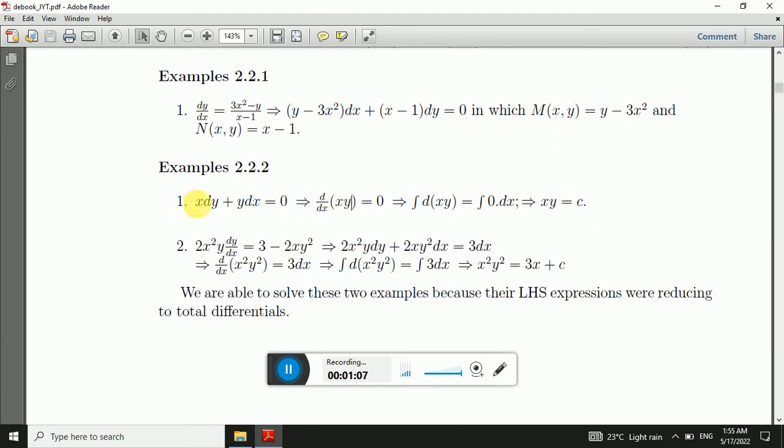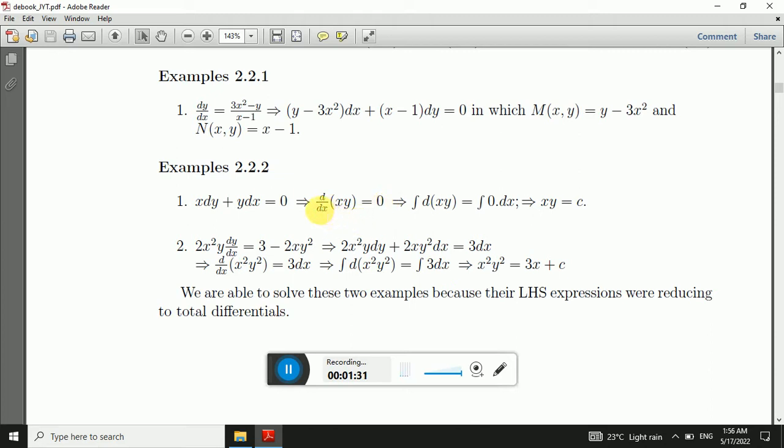So we have x dy plus, now the second one, this time y, then differentiate the first variable, which is in terms of x, then dx, equaling to 0. So that means instead of having equation 1 with this form, you can write it as d/dx of xy equaling to 0.